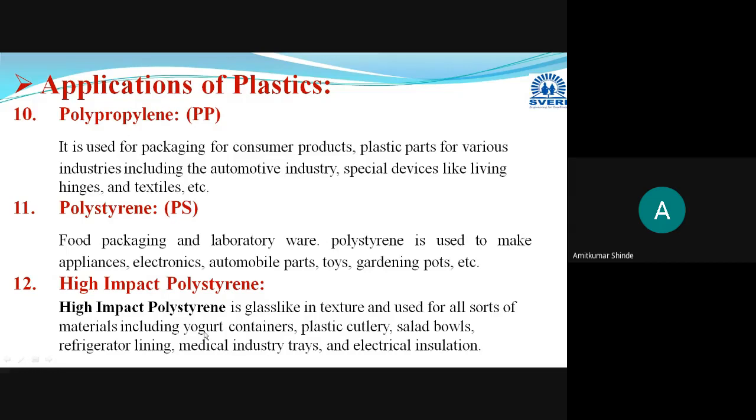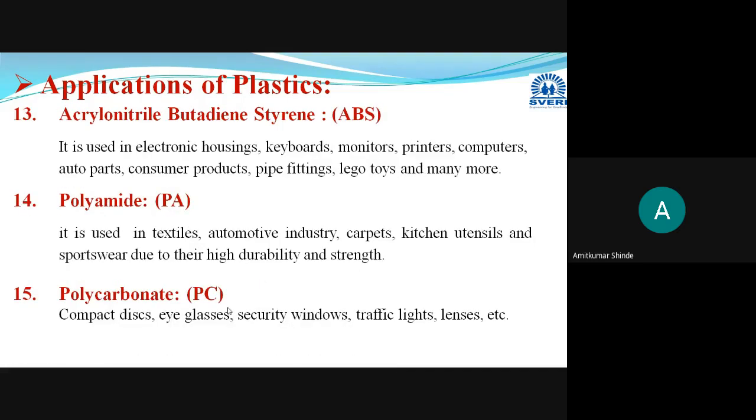To store that yogurt, one container is required. Then different salad bowls, refrigerator linings, and in the medical field lots of trays. All these are manufactured with the help of high impact polystyrene.